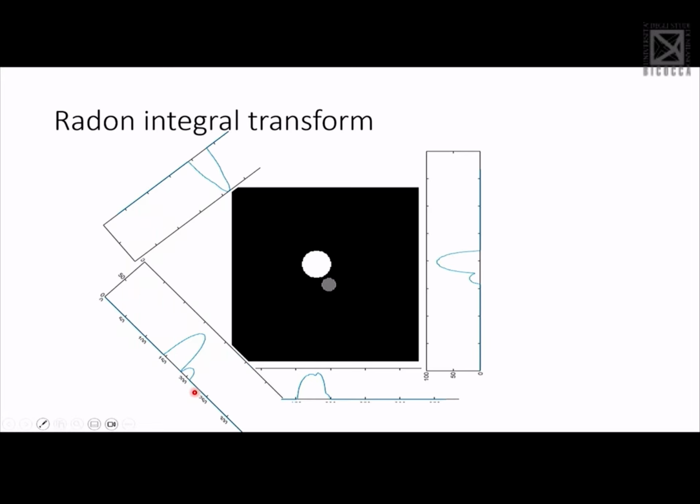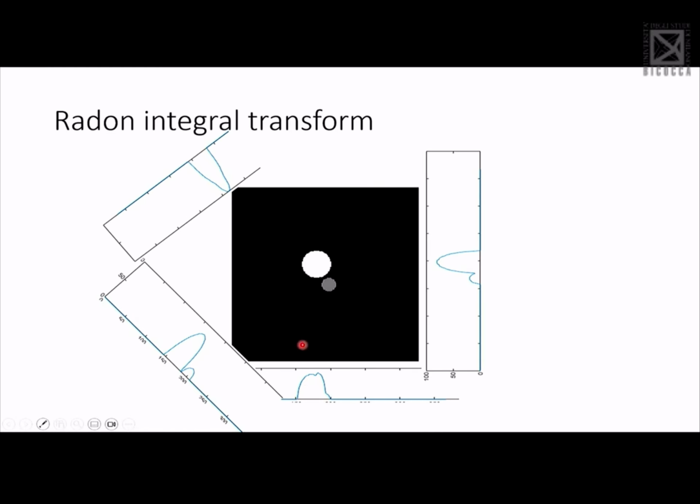So suppose we have an example image, two circles, one with higher and one with lower intensity, and I take the projections along multiple directions. I do it this way, and I can see the profile of one circle and of the other. If I do it this way, they are a bit superimposed.